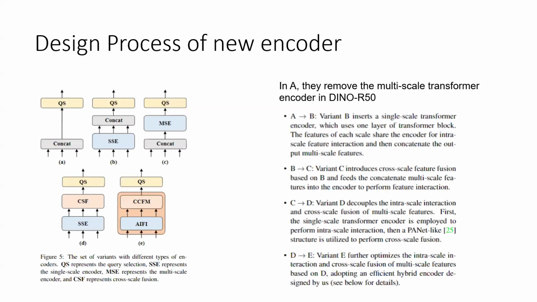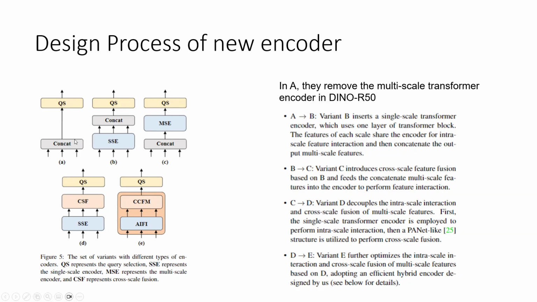So to solve this problem, they first try to break down the encoder into these A, B, C, D design proposals. To make these design proposals, from DINO ResNet 50, first they removed the whole transformer encoder in A, and the rest is the same, like the concatenation of features and query selection are the same as DINO ResNet 50.